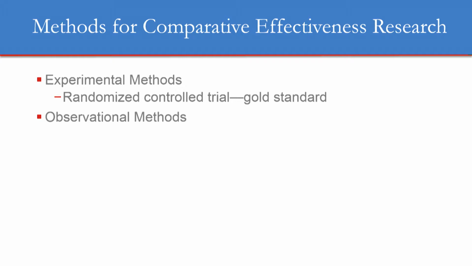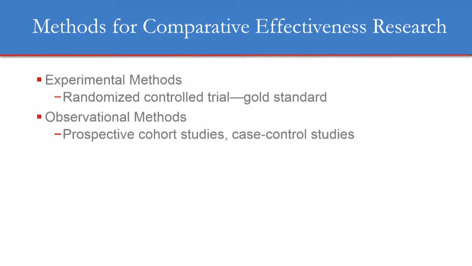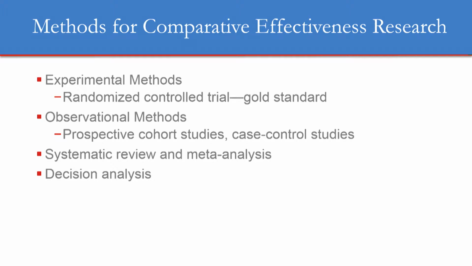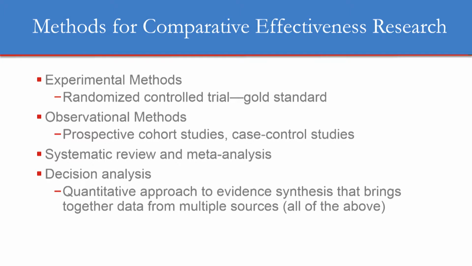Observational methods, like those from cohort studies and case control studies. And systematic reviews where the evidence is synthesized. Or decision analysis that help discover the most advantageous alternative under specific circumstances. It is a quantitative approach that uses data from multiple sources.